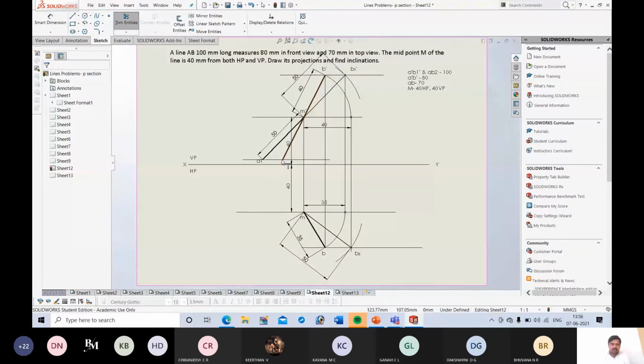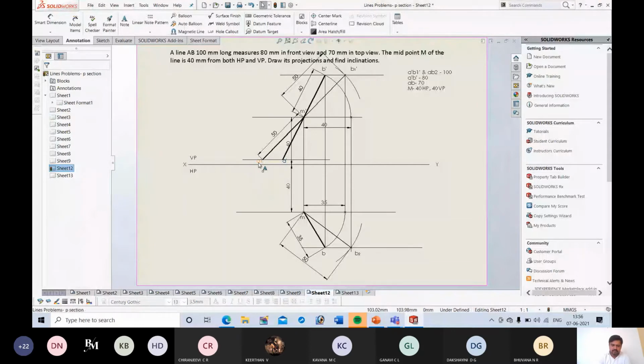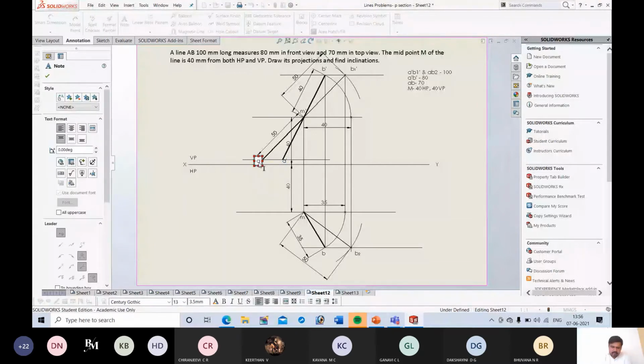This point is A dash. So this is A dash and this is A1 dash, not A1, since it is front on VP, it is A1 dash.